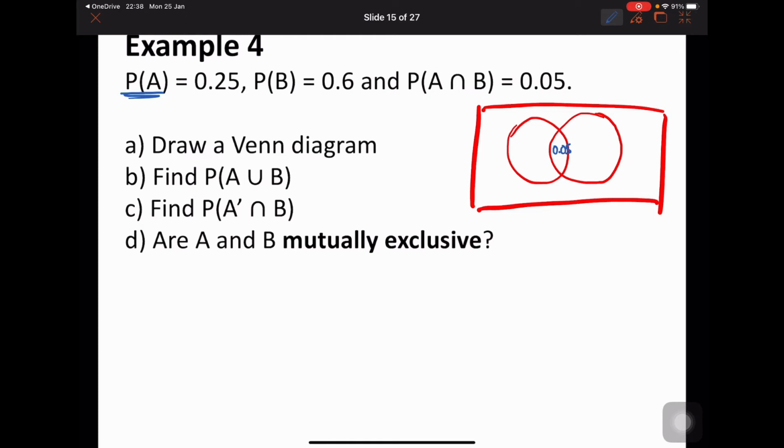Now, the probability of A is 0.25. And so to work out what goes into this region here, we have to do 0.25, take away 0.05. That gives us 0.2. And the probability of B is 0.6. So we have to do 0.6, take away the probability of the intersected region. And that gives us 0.55.